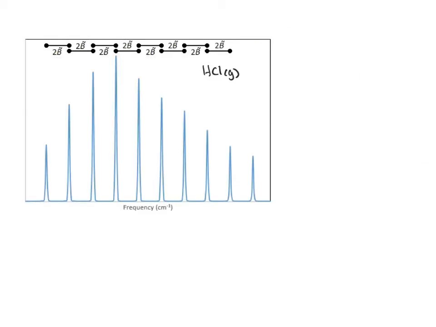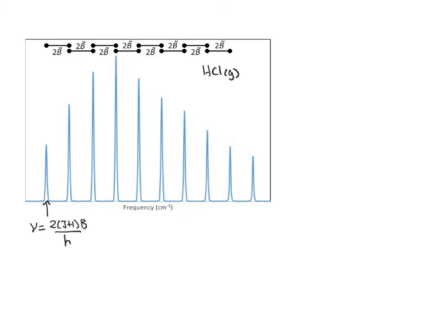So if I look at the microwave spectrum of HCl as a gas, it looks like this picture right here. You'll notice that the separation between each of these peaks is 2 times B. So let's think about why that's the case. Each of these peaks comes from a photon being absorbed that has a frequency of 2 times J plus 1 times B over h.